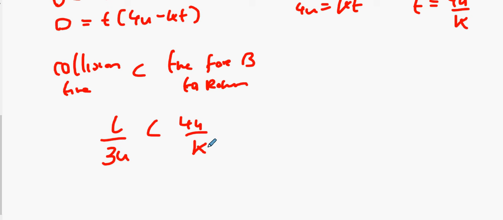The marking scheme, however, decided to cross multiply and have LK less than 12U squared. But I don't know how you're meant to know you're meant to do that. You're not. Okay. So that's your answer there.